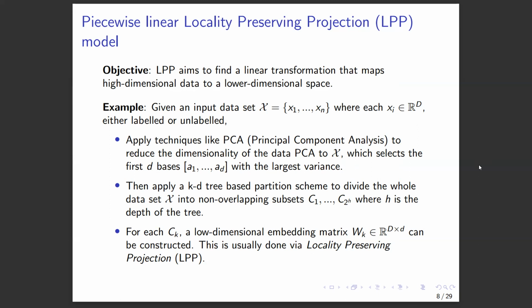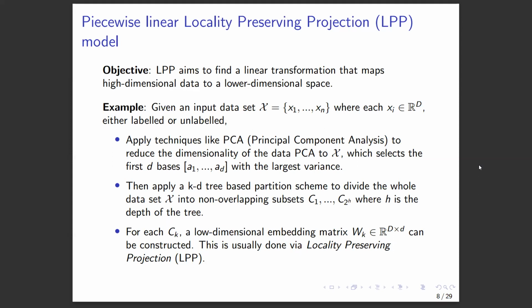And here's an example of the process of LPP. Given the dataset, we will first apply techniques like PCA to conduct dimension reduction, and then we will apply the KD tree based on this partition to divide them into non-overlapping subsets.